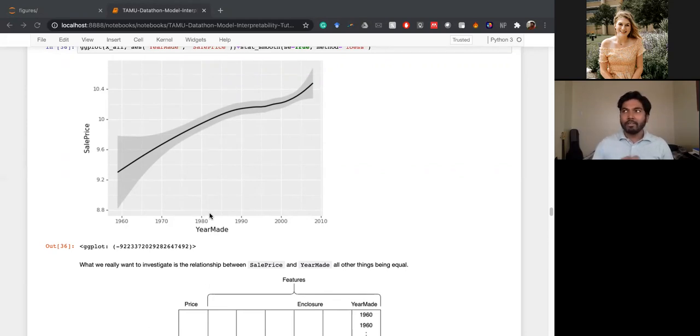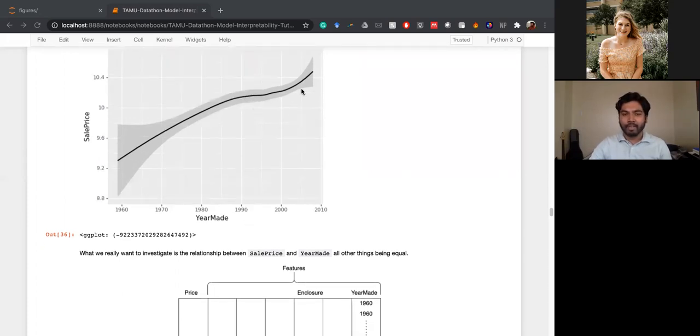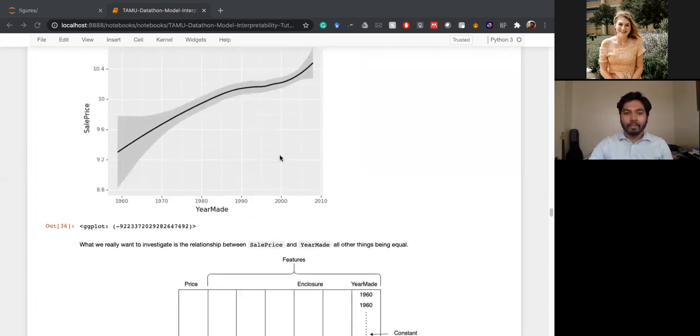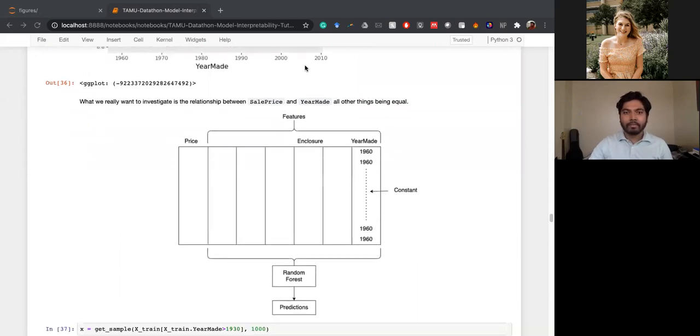Basically I'm keeping all other things constant and just changing the value of the year and seeing what kind of prediction I get for my price. My intuition is that it should increase because of inflation and because newer models tend to be more expensive. So we can do this using partial dependence plots.